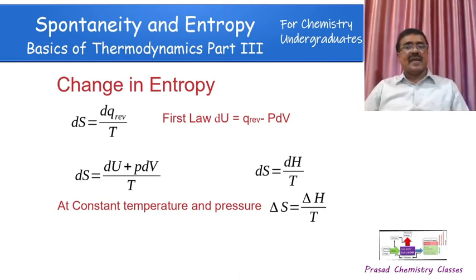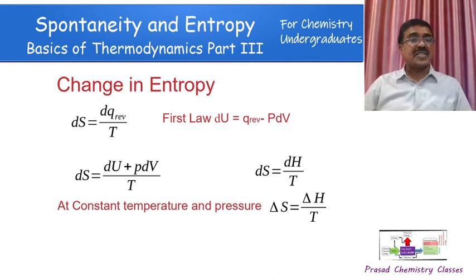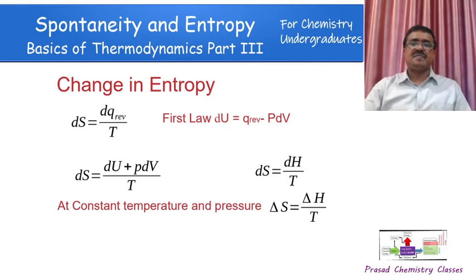Then we can write dS is equal to (dU plus pdV) by T. And we know dU plus pdV, if pressure remains constant, is equal to dH. We can also write dS is equal to dH by T. If we are considering a process taking place at constant temperature and pressure, the equation becomes delta S is equal to delta H by T. For constant pressure and temperature processes, delta S is equal to delta H by T.